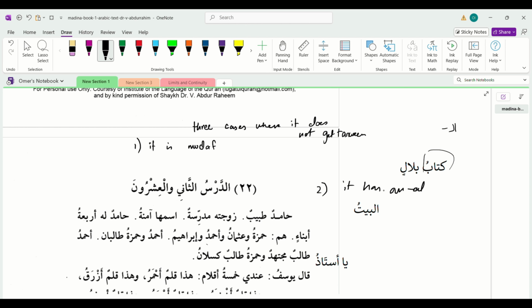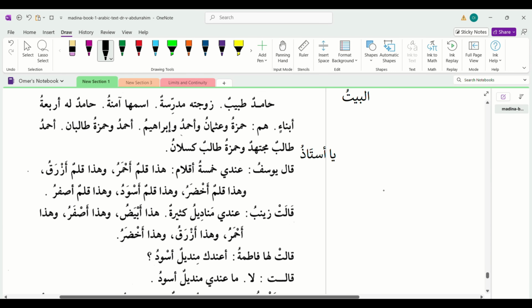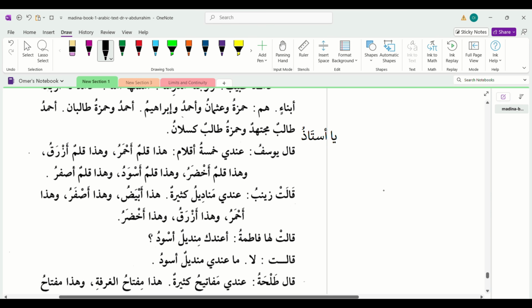But there are other forms of nouns and adjectives which never have the tanween. They are called al-mamnu' min as-sarf, which basically means prohibited from sarf. So if you list those words, for example, Aminatu, Zainabu, we have studied this in the beginning lessons.